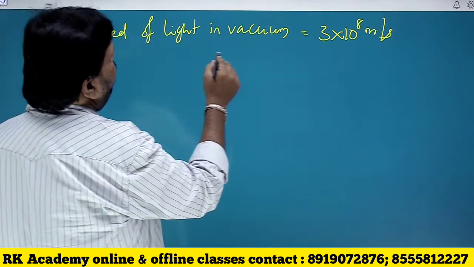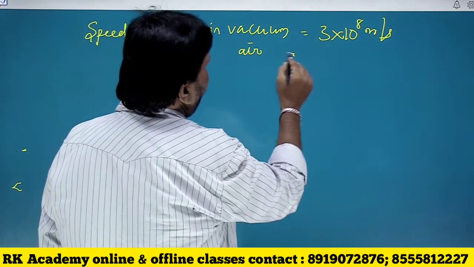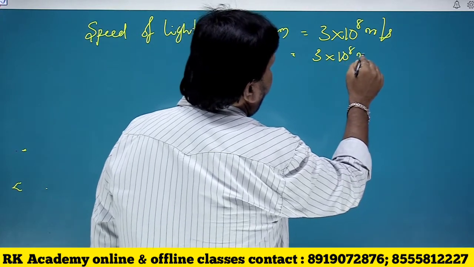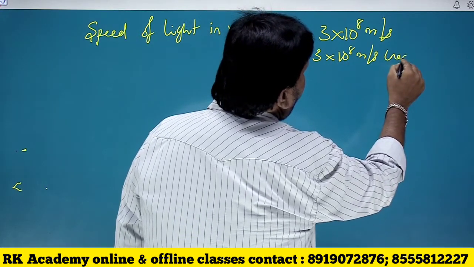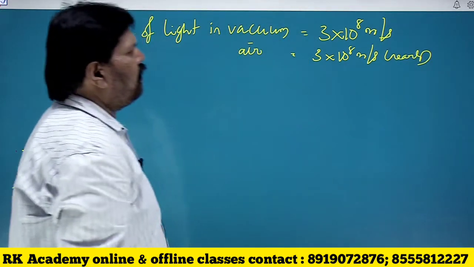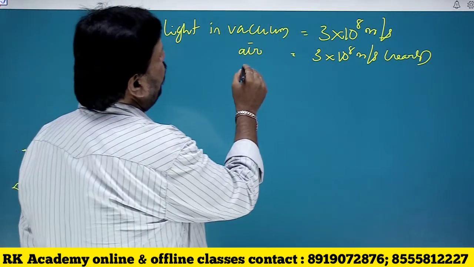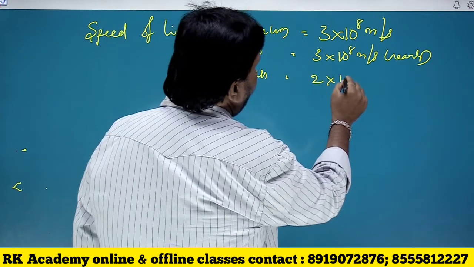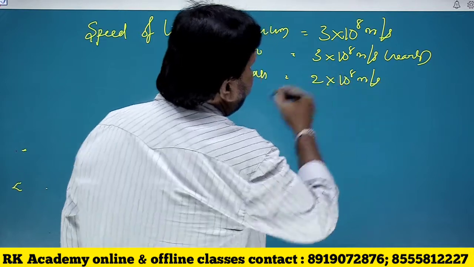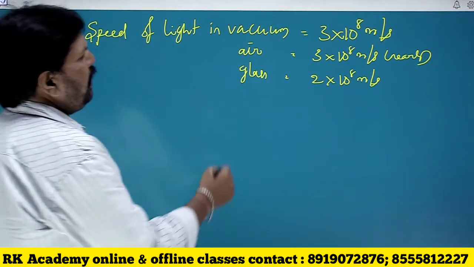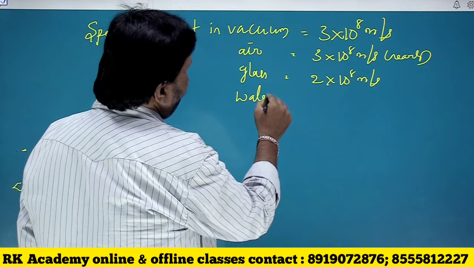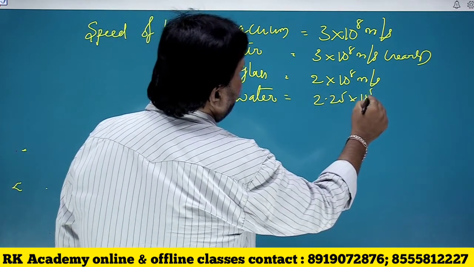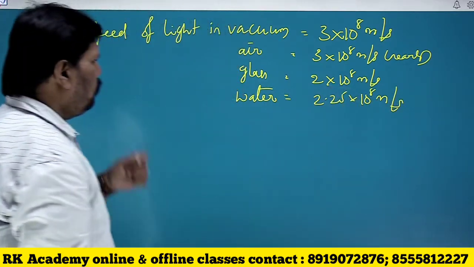And speed of light in air is also approximately 3 into 10 to the power of 8 meters per second, nearly. Speed of light in glass, 2 into 10 to the power of 8 meters per second. Speed of light in water, that is 2.25 into 10 to the power of 8 meters per second.